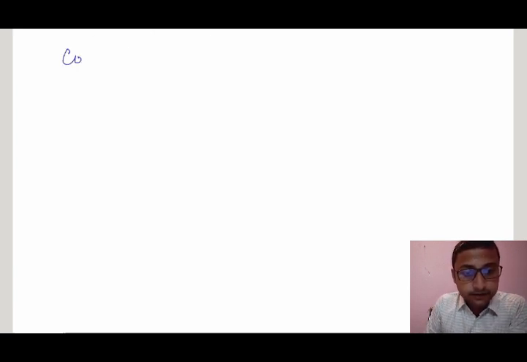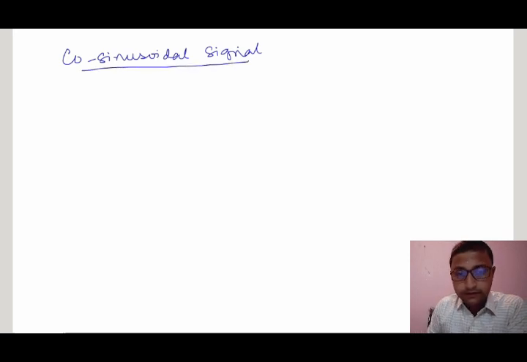Next is the cosinusoidal signal. Similar thing. So this is the graph of omega t, and this is your signal, suppose V(t).